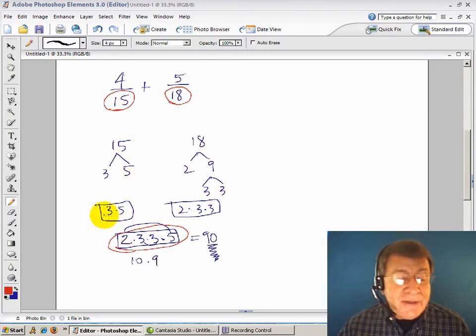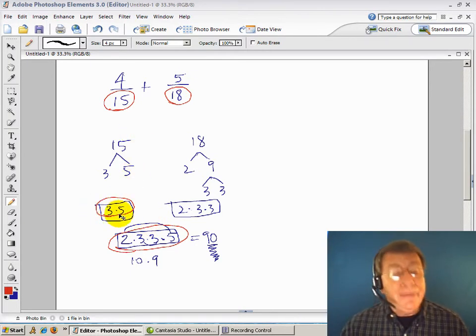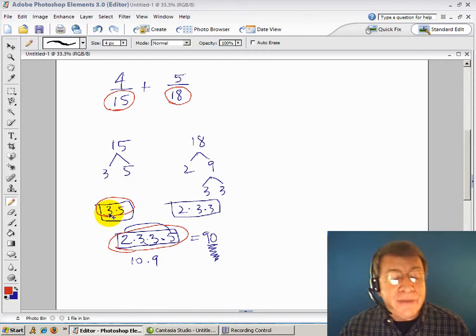So let's look at the pieces that make up 15. That's 3 times 5, 1 three and 1 five. Let's look at the pieces that make up 90. That's a 2, 2 threes, and a 5. Now I'd like to make this thing, 3 times 5, look like that thing.